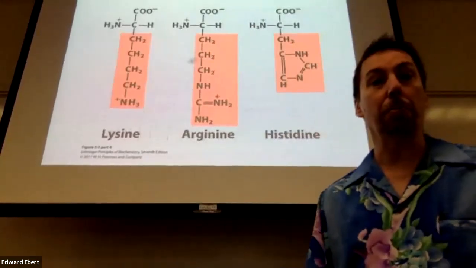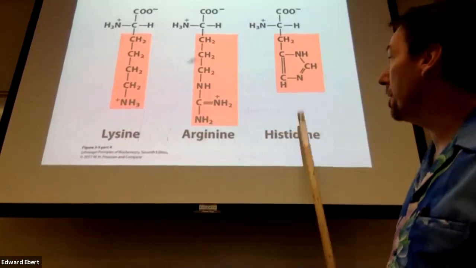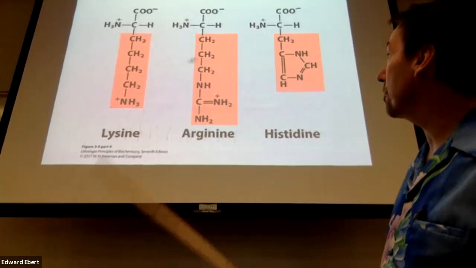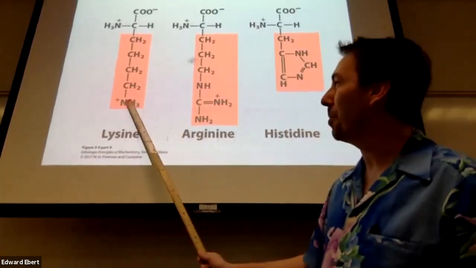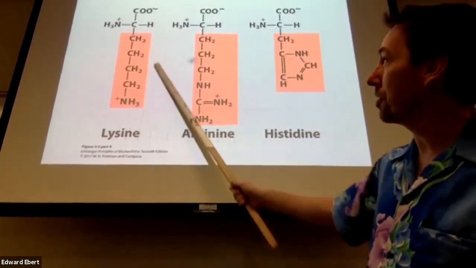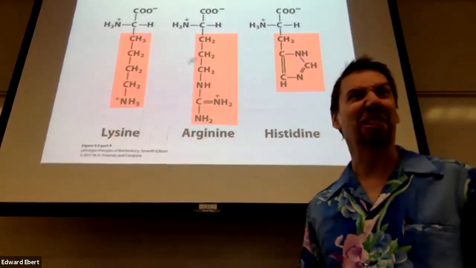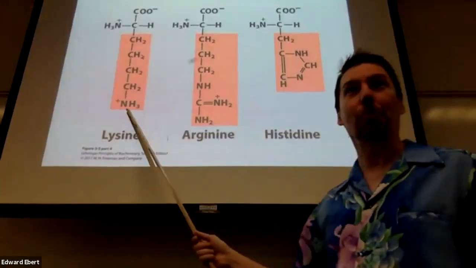We've got a couple that are positively charged. All right, so lysine, arginine, and histidine. Why are they positively charged? Because, we don't have this one drawn properly, but because they have amino groups in their side chains. So lysine, it's really kind of funky. We've got 1, 2, 3, 4 methyl groups and then an amino group at the end.